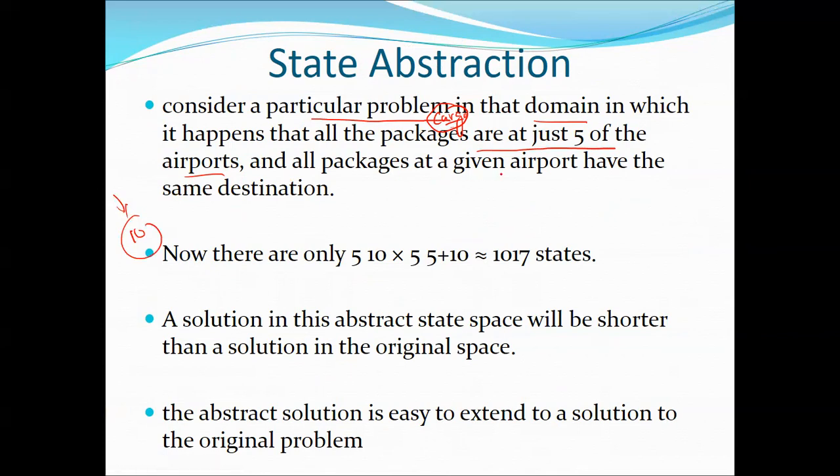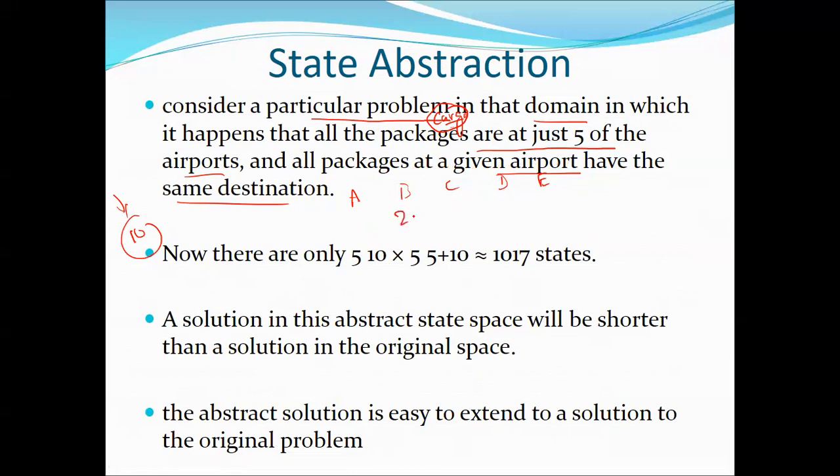And all packages at a given airport have the same destination. What does it mean? Let us assume these 5 airports are A, B, C, D, and E. All the cargo will be distributed only in these 5 airports. And all the packages at a given airport have the same destination.